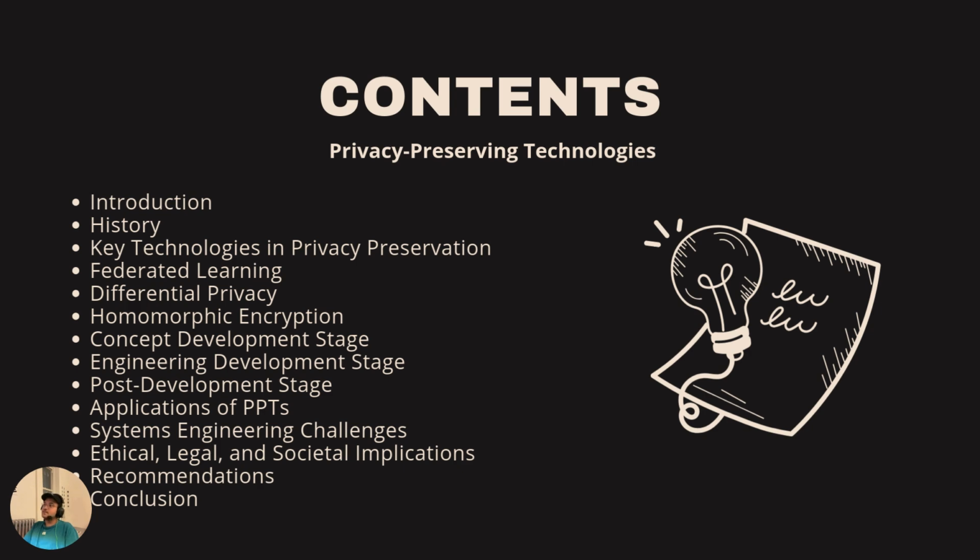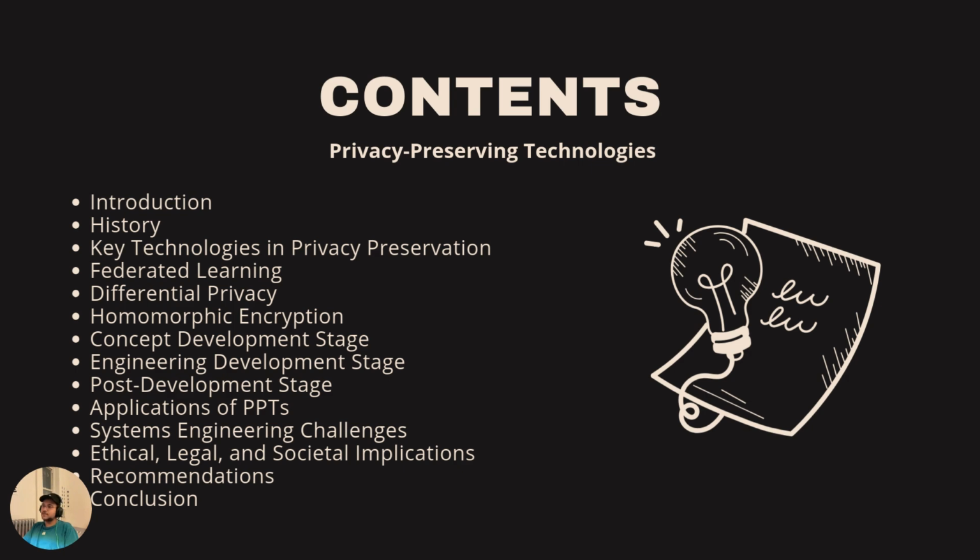After that, we'll explore the concept development stage, which includes need analysis, concept exploration, concept definition, and concept validation. We'll also look at how these technologies are applied in different sectors, the challenges they face, and the ethical, legal, societal implications involved. Finally, we'll wrap up with a conclusion summarizing the key points and future directions.